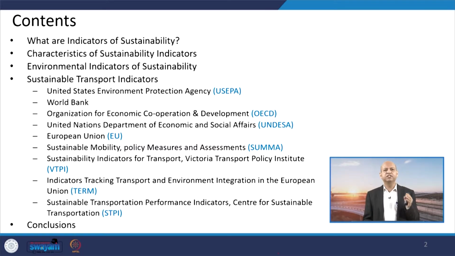And sustainability indicators for transport, Victoria Transport Policy Institute related measures. Then indicators tracking transport and environment integration in the European Union, which is another way of looking at sustainability. Then sustainable transportation performance indicators proposed by the Center for Sustainable Transportation, and at the last we will conclude.